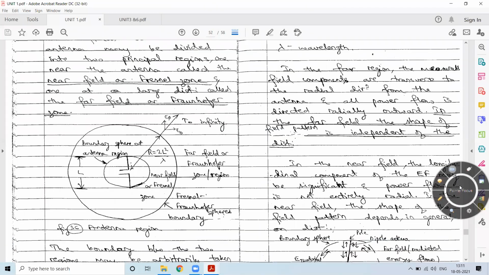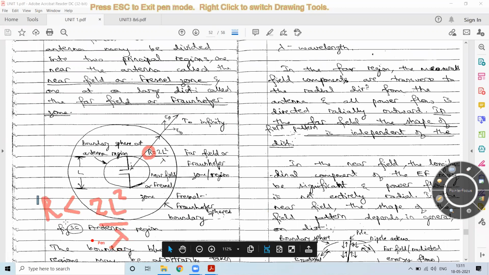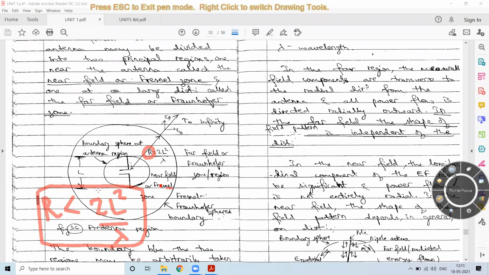So under what condition do I specify it to be near field? If the point I am considering for the measurement is less than 2 times L square by lambda, that is, if that 15 kilometers I am specifying is less than this value, then the point is within the near field.